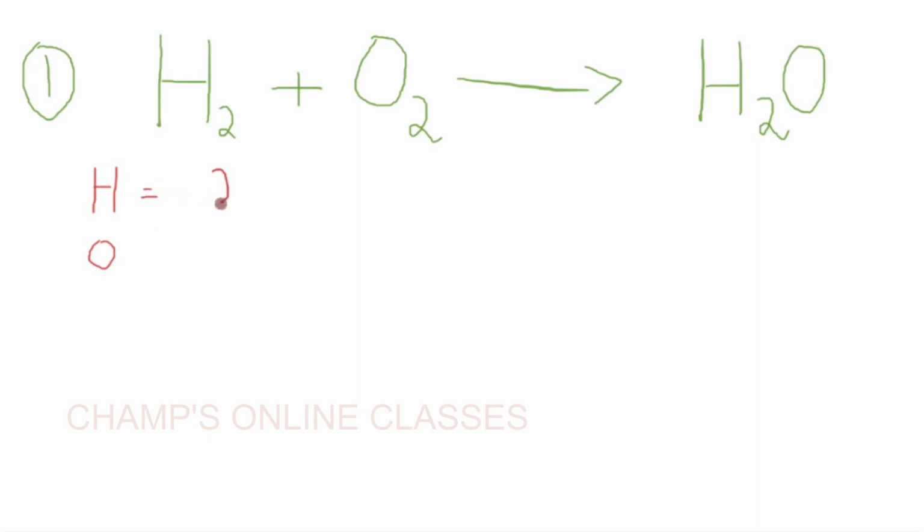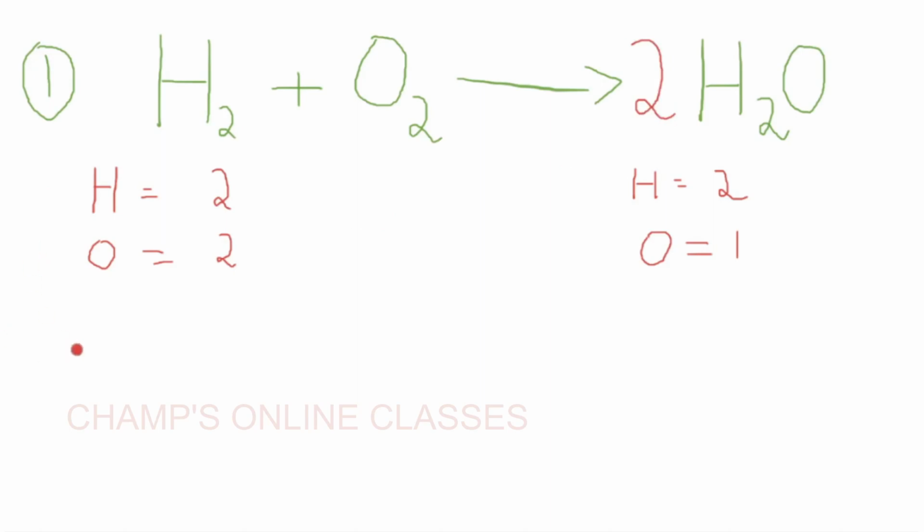Hydrogen, there are 2 on the reactant side, and oxygen, there are 2. On our product side, we have 2 hydrogen, so hydrogen is balanced. But on the product side, you have only 1 oxygen. We need to balance that. So how will you balance that? You will multiply on the product side with 2.